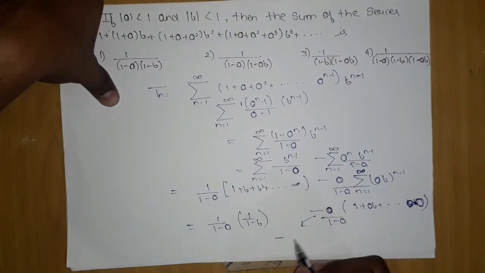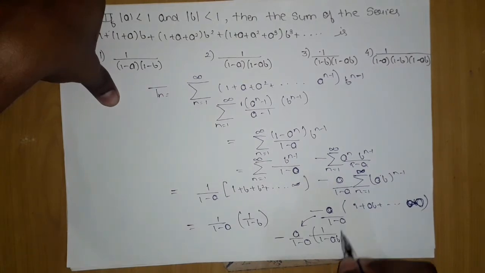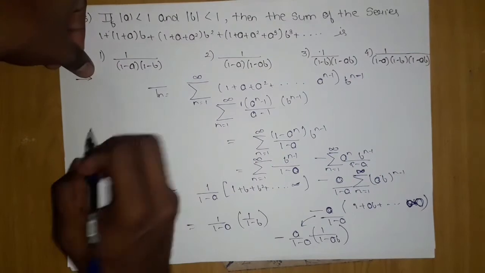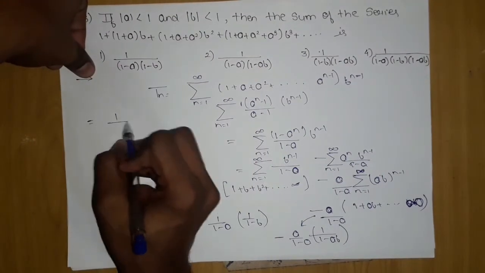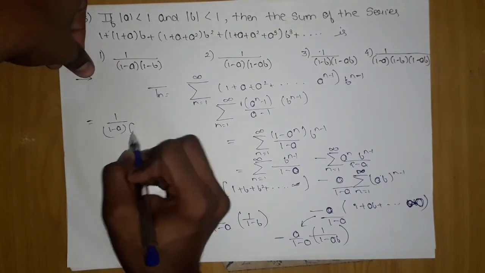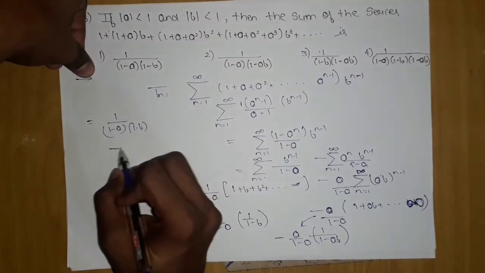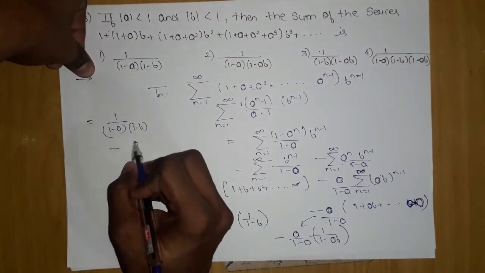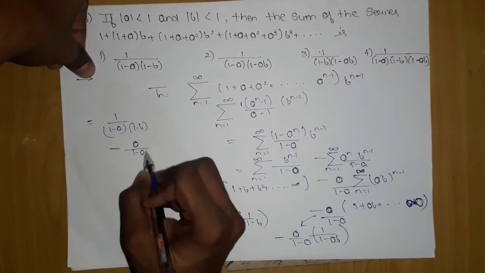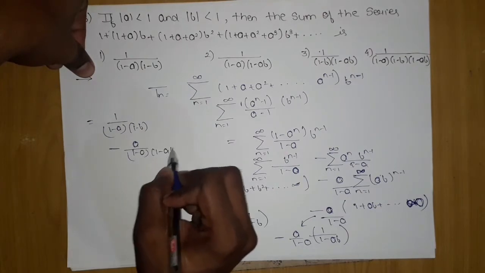Minus a upon 1 minus a, this will be 1 upon 1 minus ab. So let's solve this. 1 upon 1 minus a into 1 minus b minus a upon 1 minus a into 1 minus ab.